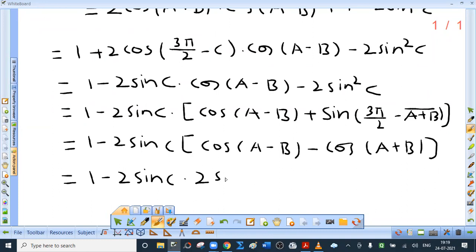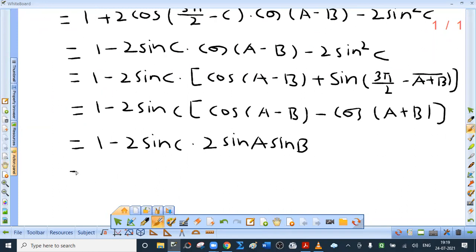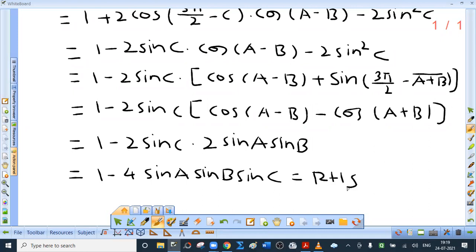Basically, this is the expansion of 2 sin A sin B. 2 sin A sin B is cos of A minus B minus cos of A plus B. So this is 1 minus 4 sin A sin B sin C. Just check whether this is the required RHS or not. Yes, it is.